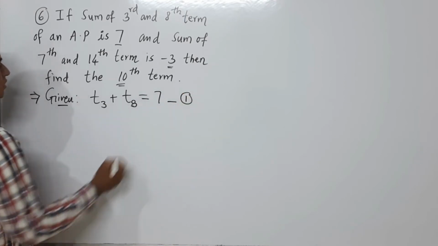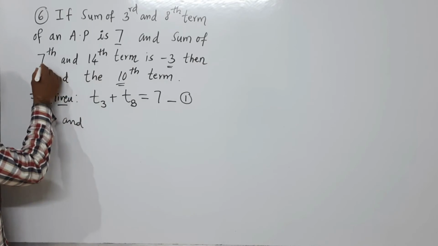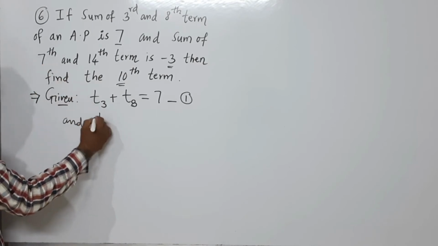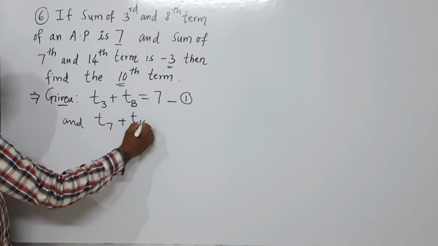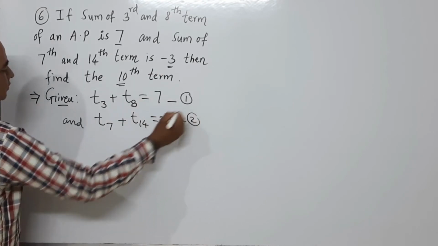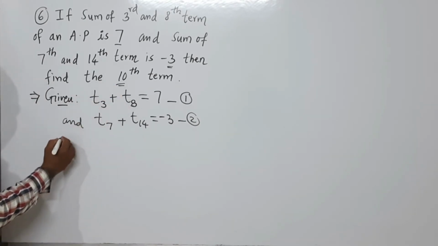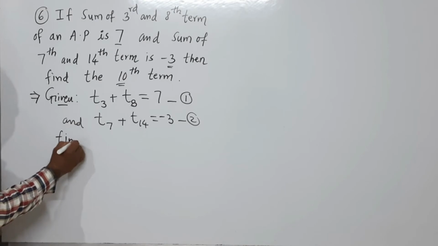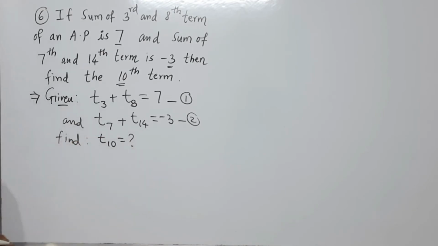The second thing given is the sum of the 7th term T7 plus the 14th term T14 is equal to minus 3. We have to find the 10th term, T10.